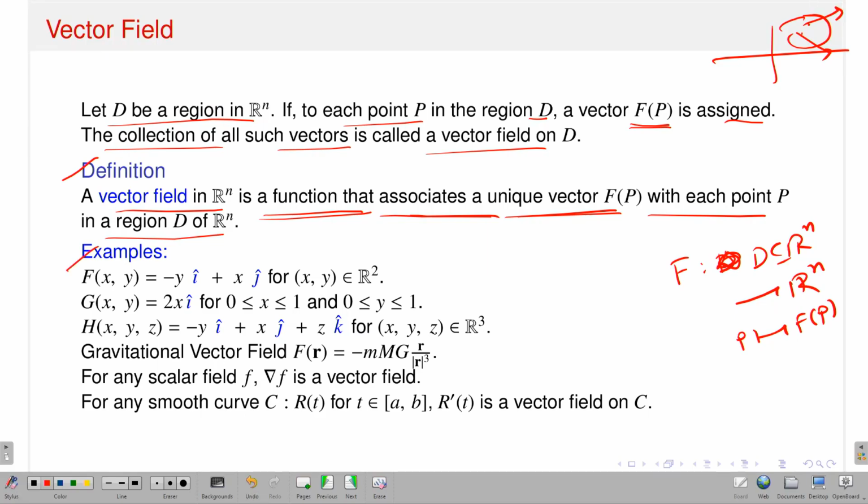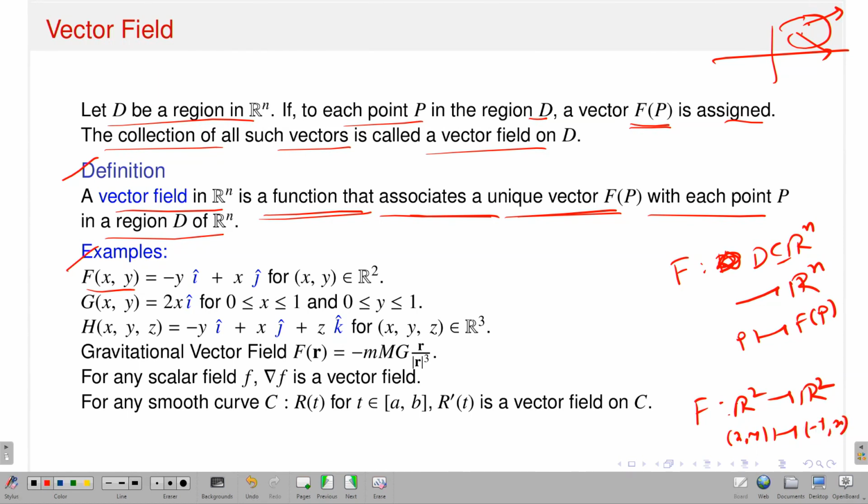For example, let us see the function F of x y, which is minus y times i cap plus x times j cap. This function is from R2 to R2. For each R2 point x comma y, it goes to minus y comma x.